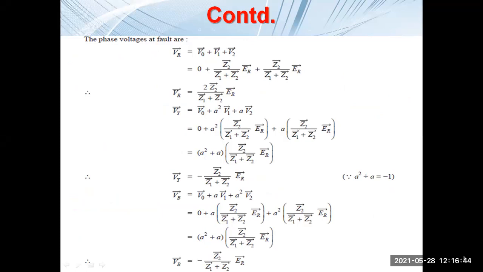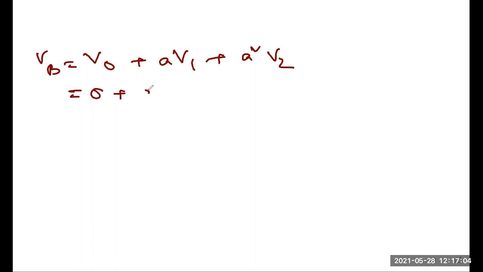If you can understand this thing, then it will be very easy. So Vv equal to V naught plus A into Vy plus A square into V2. So V naught equal to 0.